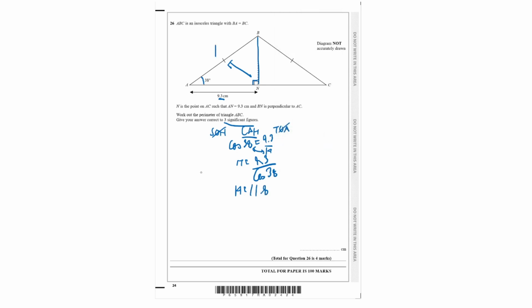So now that we know that this is 11.8, and we know that this is an isosceles triangle, that means that this side is equal to this side. That means this is also 11.8, and that means that N to C is also 9.3. So then we can combine all of this together, so we get the perimeter as 11.8 plus 11.8 plus 9.3 plus 9.3.